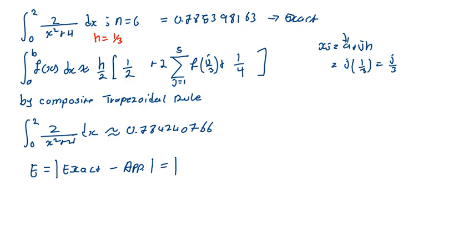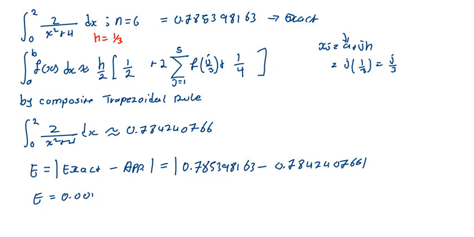Our exact value is 0.785398163 minus 0.7842407661. So our error turns out to be equal to 0.001157396, and this is our error.